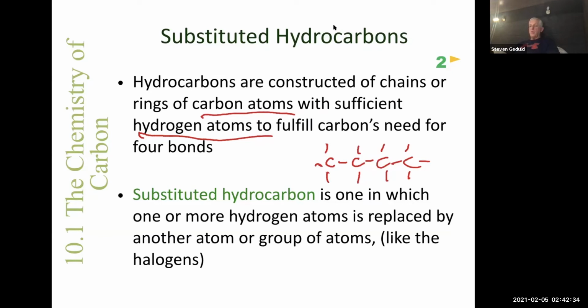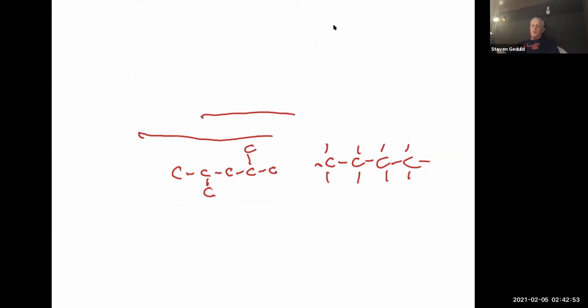So when you have your hydrocarbon chains or rings, you've got to have enough hydrogen to fill the needs for bonds. Let me give you a compound like this. Let's see, I need to make this a whiteboard. There you go.